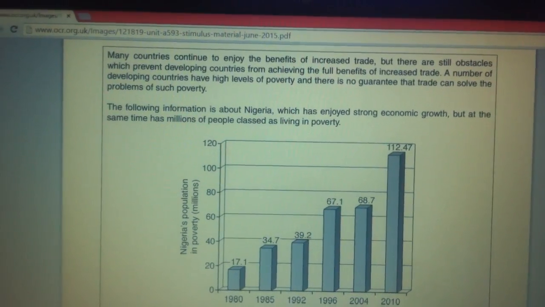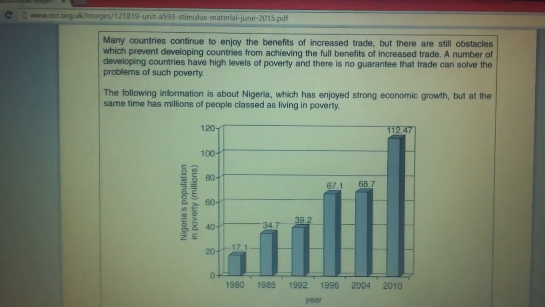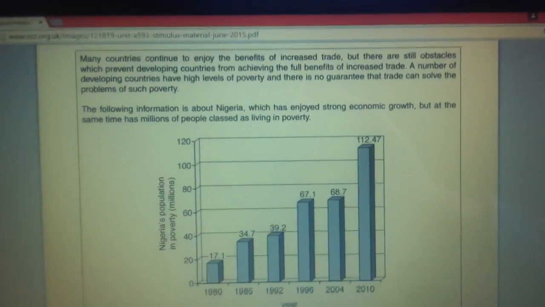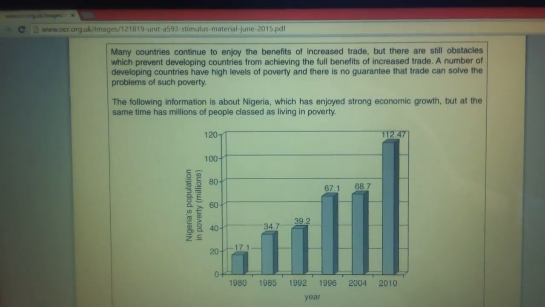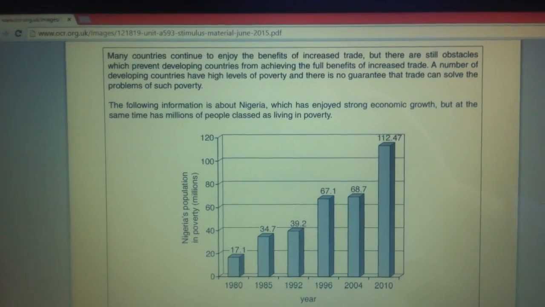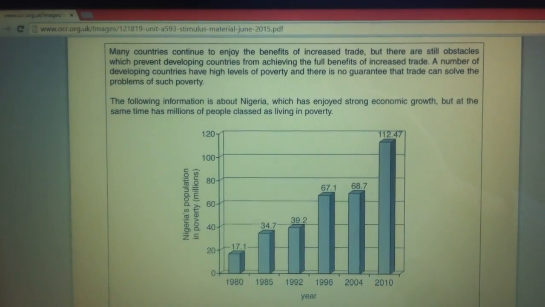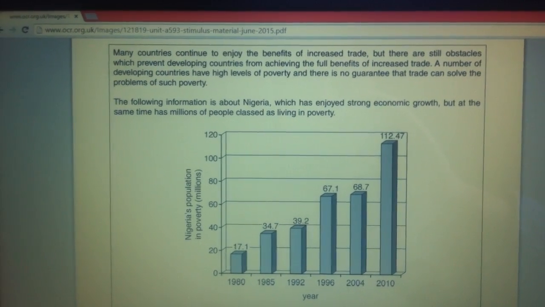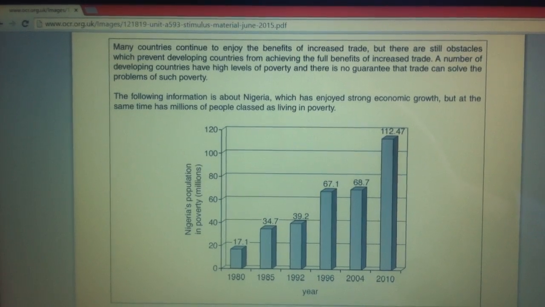Okay, so we're into figure 8, and then we're into this whole issue of poverty in the developing world and in developing nations. So it says here, many countries continue to enjoy the benefits of increased trade, but there are still obstacles which prevent developing countries from achieving the full benefits of increased trade.